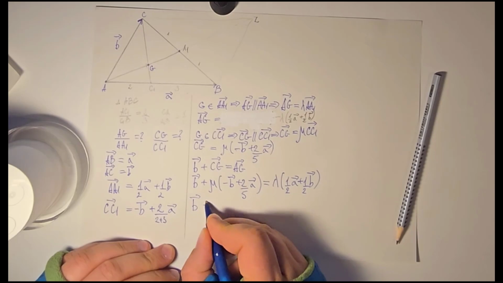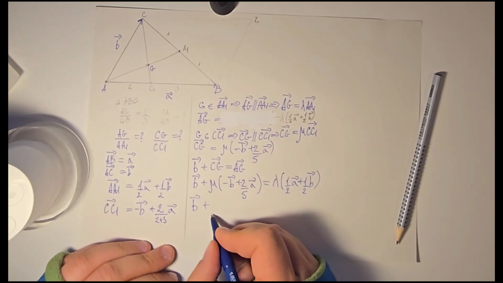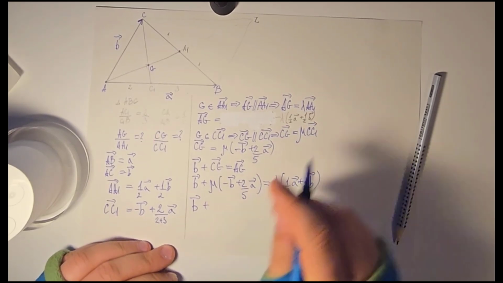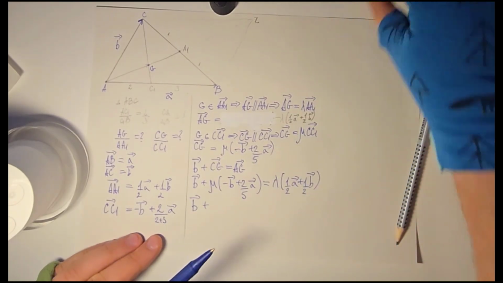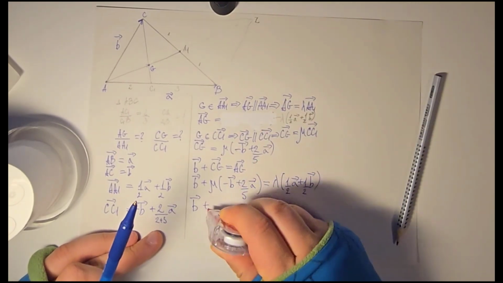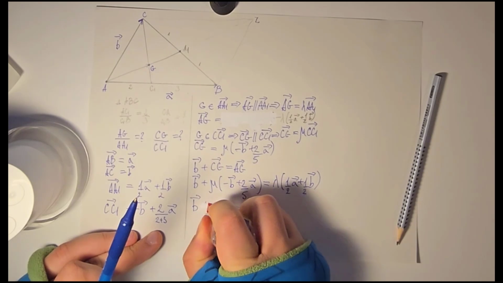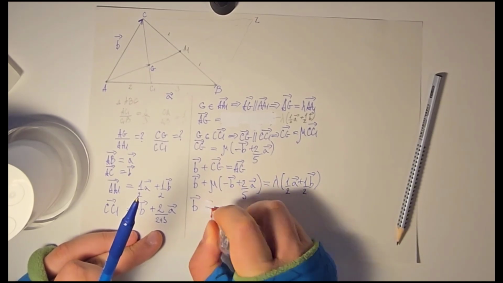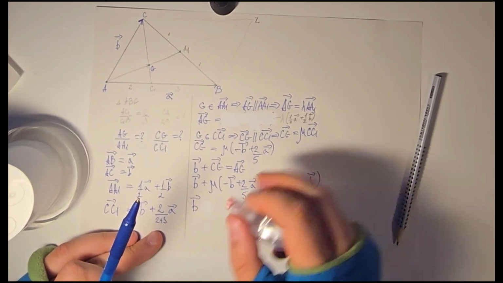So we write B plus, and it's not a plus, it's a minus, because of the mu B, but we have something good.